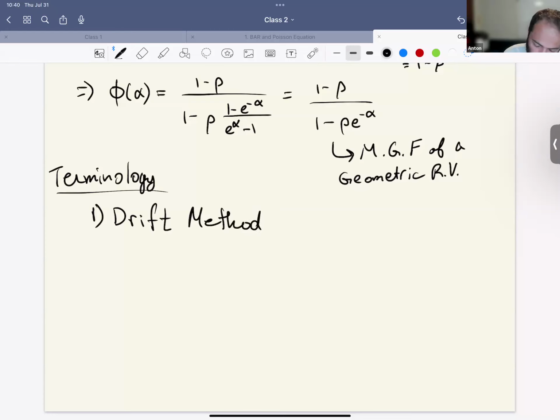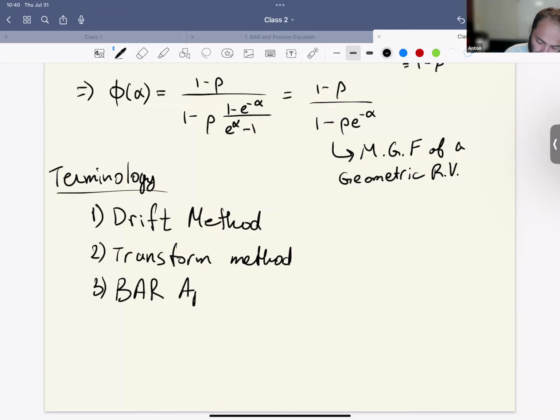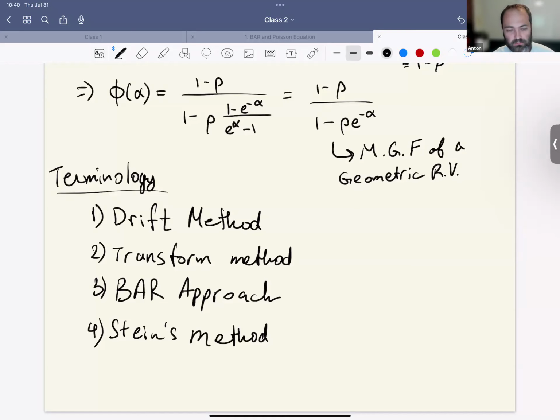We have the drift method, we have the transform method, we have something like the BAR approach, and finally, Stein's method. Although method number 4, Stein's method, is already very different from the first three.